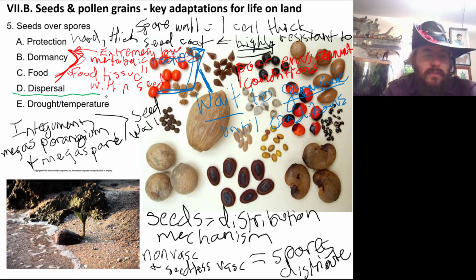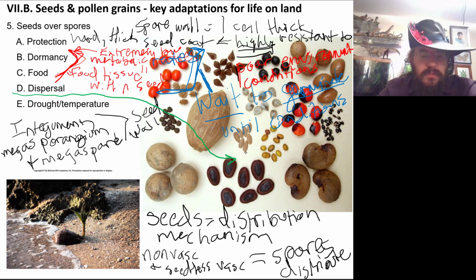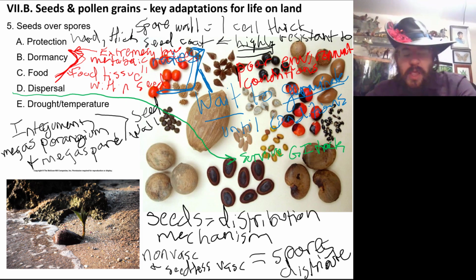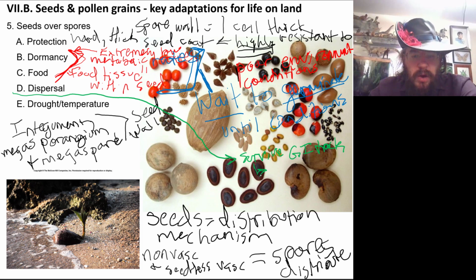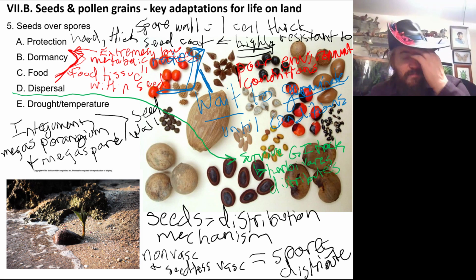So what that means is herbivores and frugivores, fruit eaters, distribute the seeds, which is great because they have an ability that most plants don't, and that's motility.